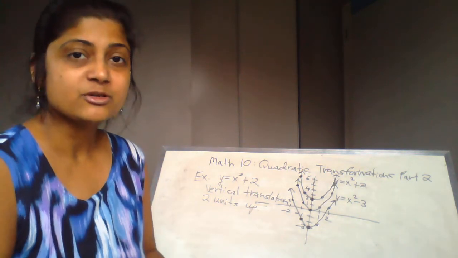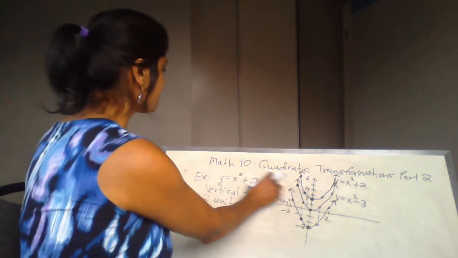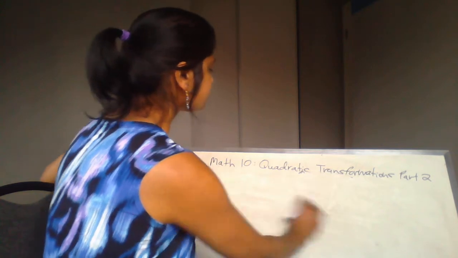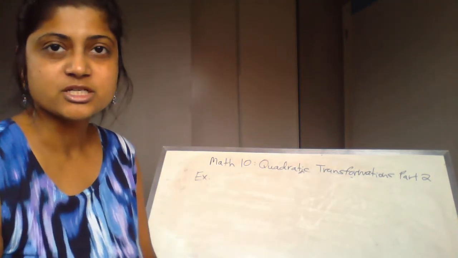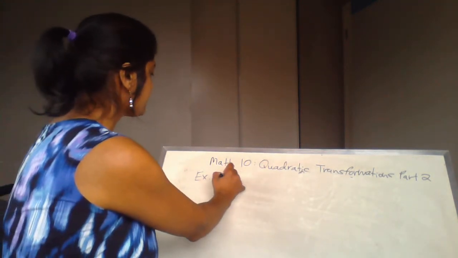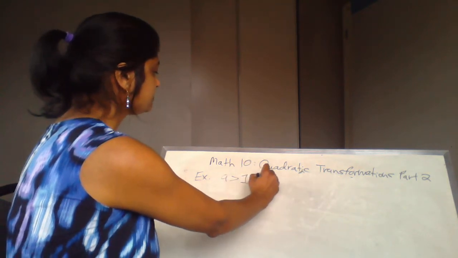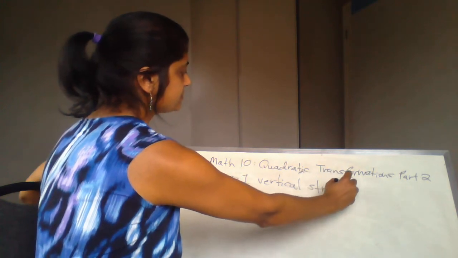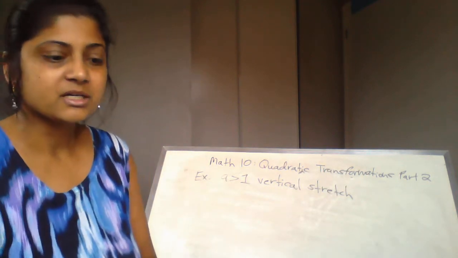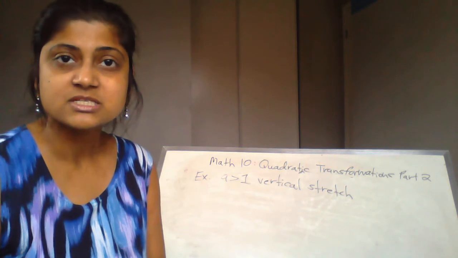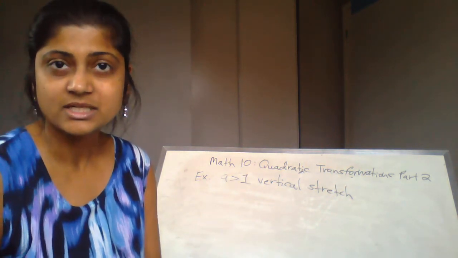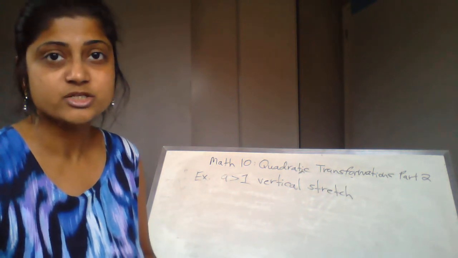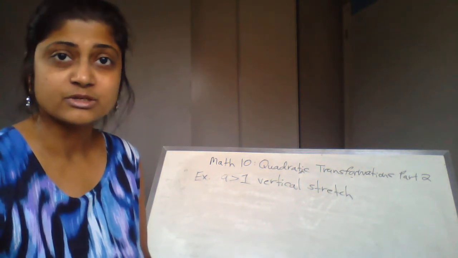If the value for a is greater than 1, let's write that down as a recap, because the vertical stretch and compression is very important, that means that this is a vertical stretch. And remember, if you have a negative sign in front, that's just a reflection in the x-axis. That doesn't mean the value of a becomes negative here. It's still going to be a stretch as long as the value for a is greater than 1.